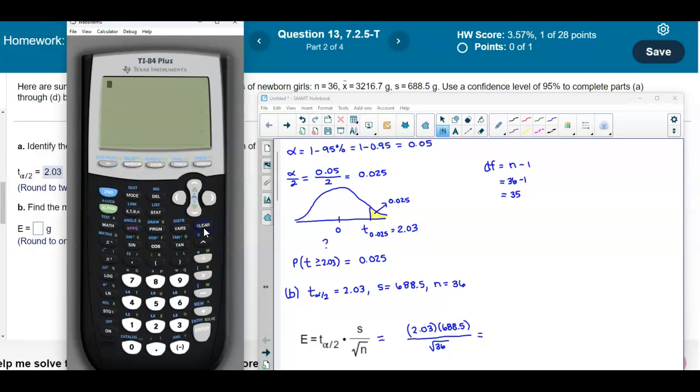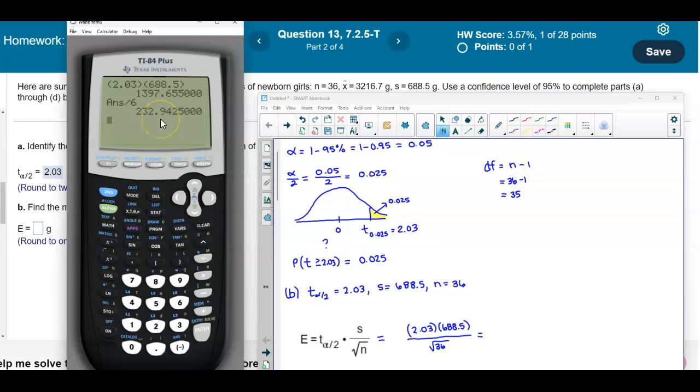The square root of 36 is 6, so we divide by 6.